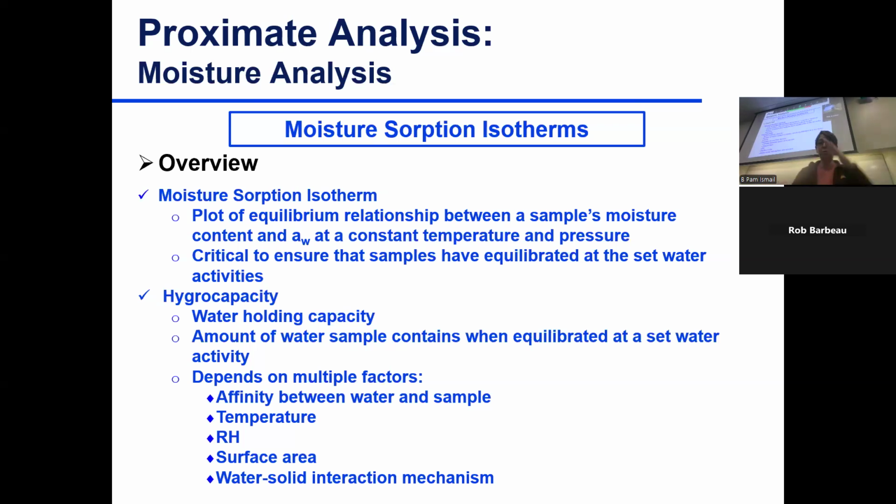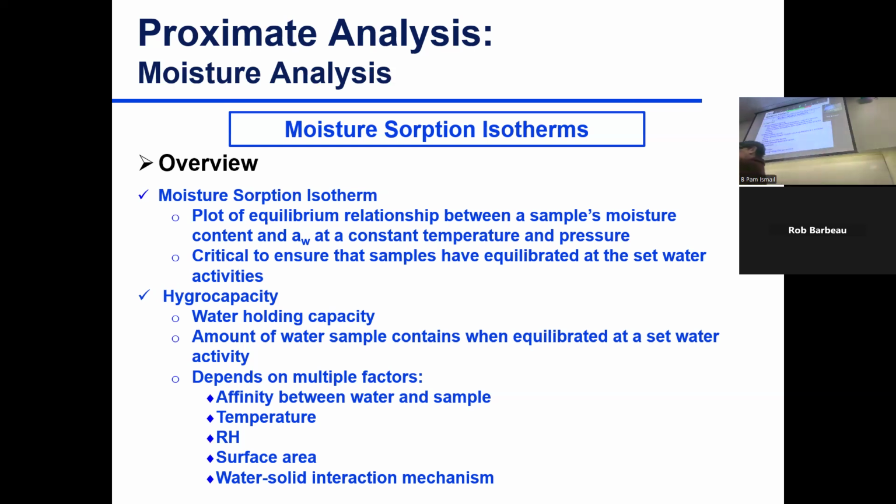We have to reach equilibrium to measure the actual water activity at equilibrium under different relative humidity. It is impacted by the affinity between water and sample, so how much the sample components have tendency to interact with water and how much water is potentially going to be lost or gained. The temperature is a factor, relative humidity, surface area.